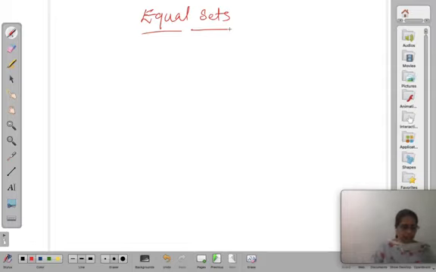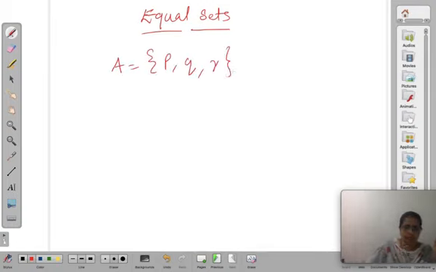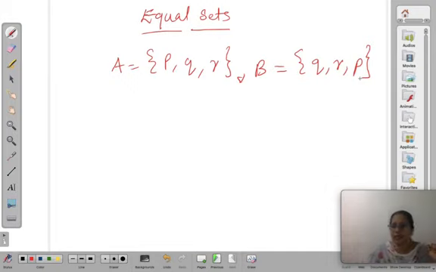So equal sets: two sets are said to be equal if they contain exactly the same or identical elements. Equal sets means it contains the same type of elements. For example, if A is equal to the set {P, Q, R} and B is equal to the set {Q, R, P}.